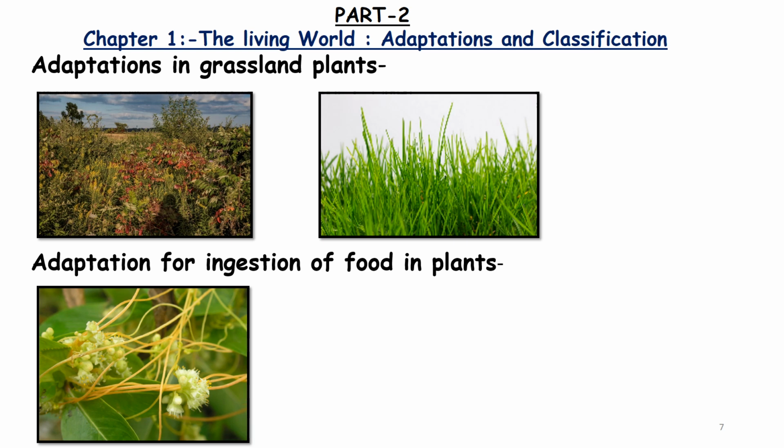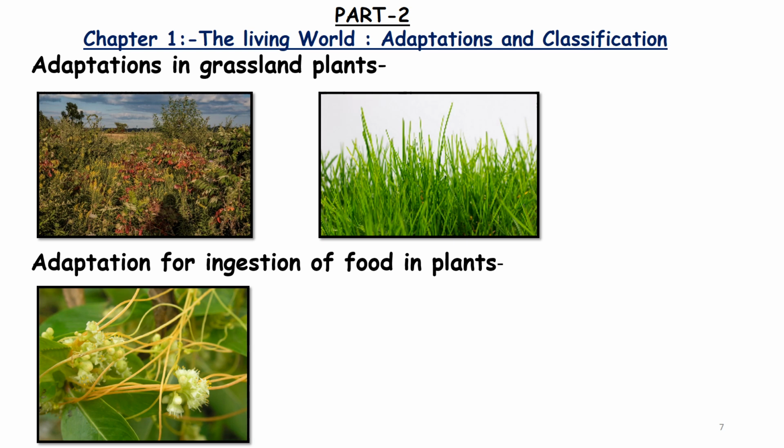Their color of stem is also yellow, and for doing the process of photosynthesis, the pigment which is in green color is very necessary. However, it has haustorial roots. Haustorial means what? Sucking roots for absorbing nutrients from the host plant.